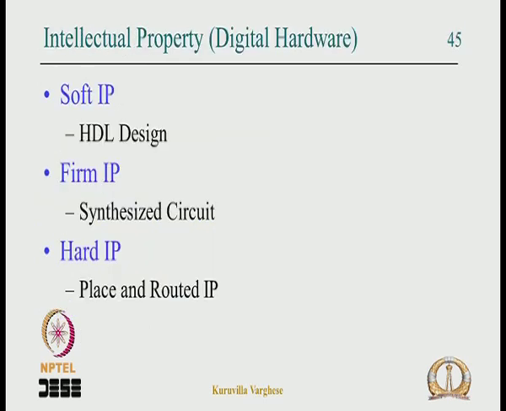So most manufacturers, when they design a system on chip, use already designed components of CPUs, of peripherals, of codecs and so on, and they buy it from somebody who has already designed it and just put it together as they require. So that is called intellectual property. These designs which are already done are called intellectual property.